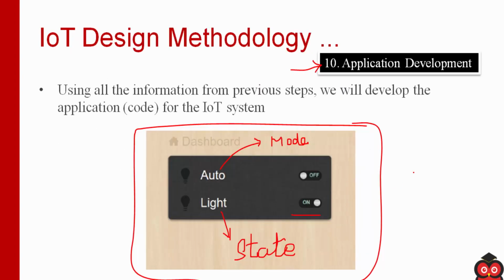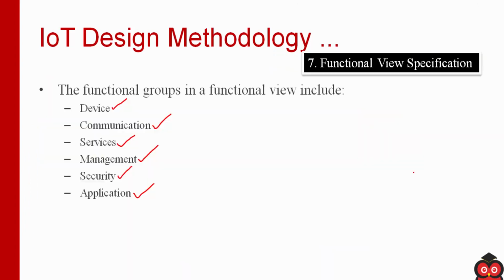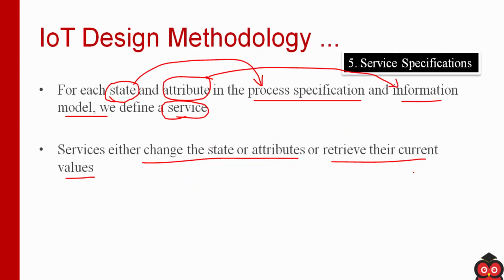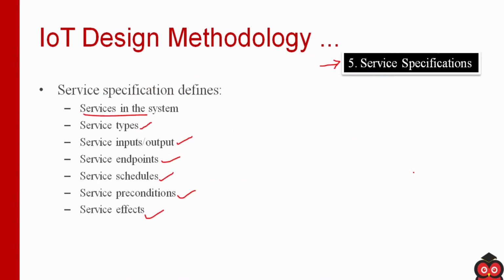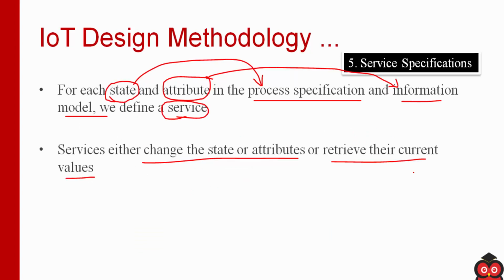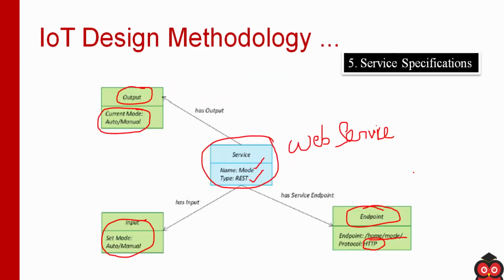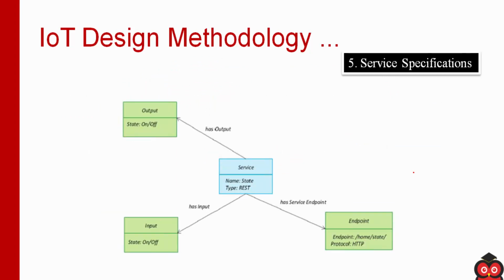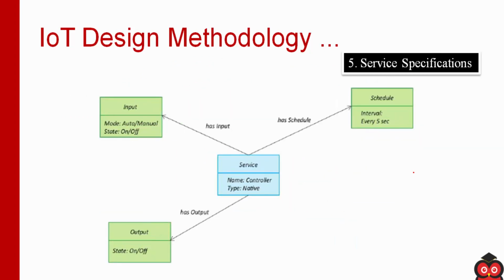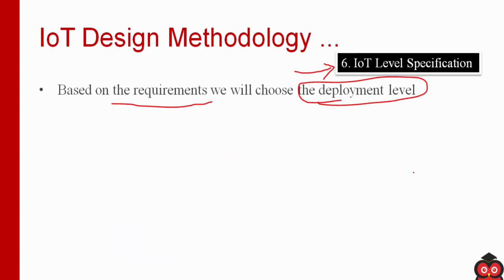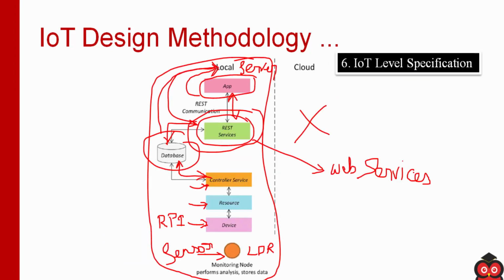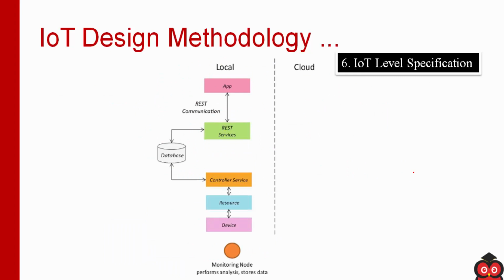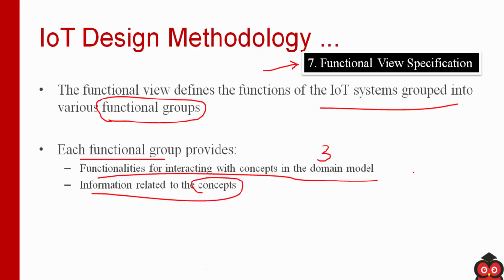Okay, so we have seen from step 5 to step 6, step 10 in this session. So we have started here and we have seen the services, the mode service, the state service, and finally the controller service. Then we have seen the IoT level specification, which is like this. So everything is hosted locally. We are not using any cloud service.